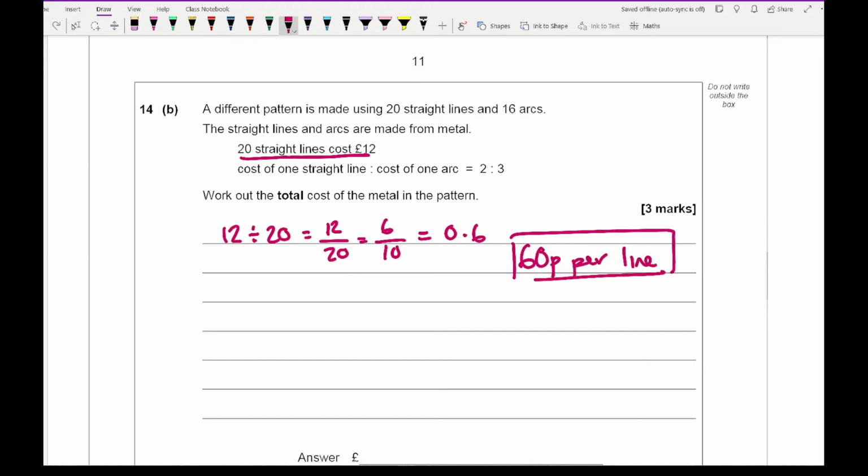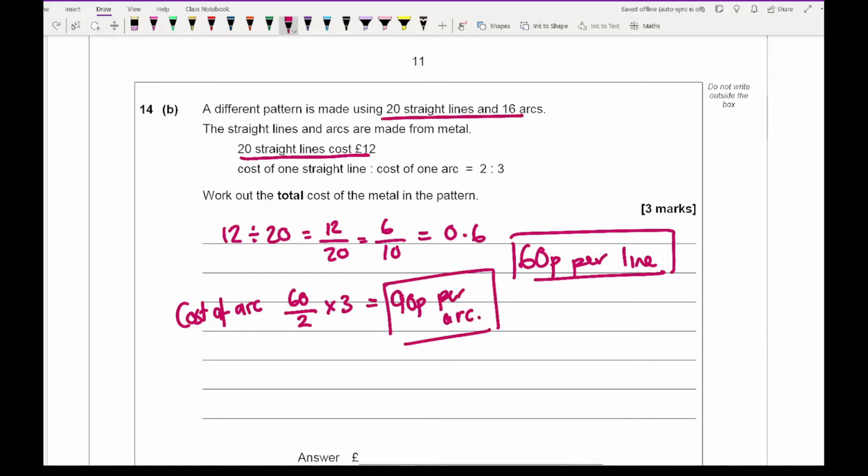So the next thing I then need to do is work out the cost of an arc. Now to do that, it's in the ratio of 2 to 3. So here I've got 60 pence divided by 2 times 3, and that gives me an answer of 60 divided by 2 is 30, times 3 is 90, so it's going to be 90 pence per arc. So then once I've got those two prices, I can then use this information here.